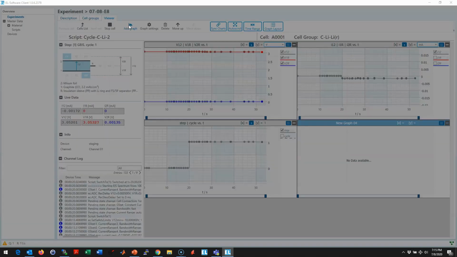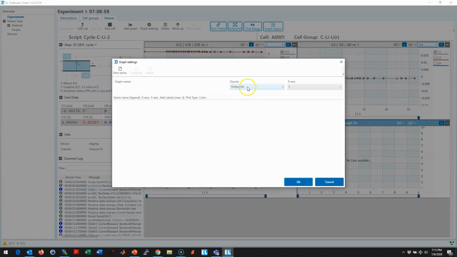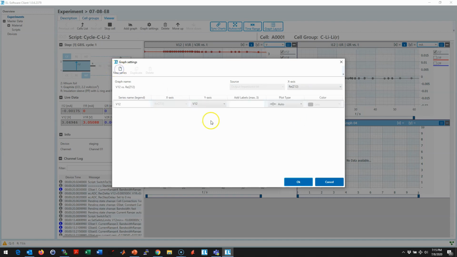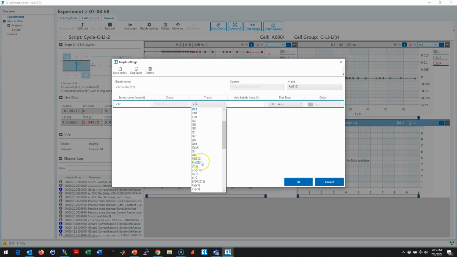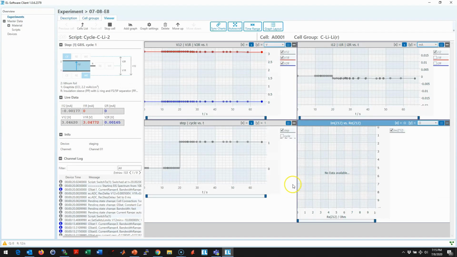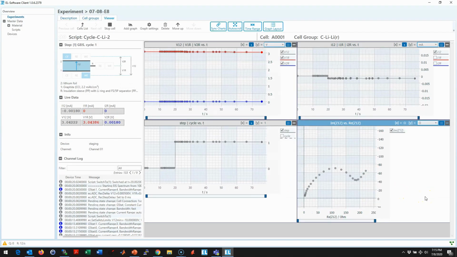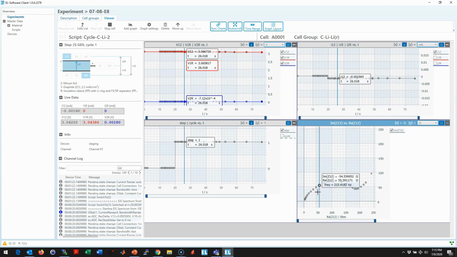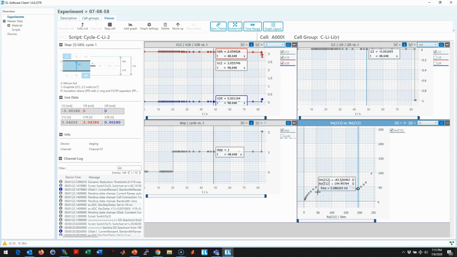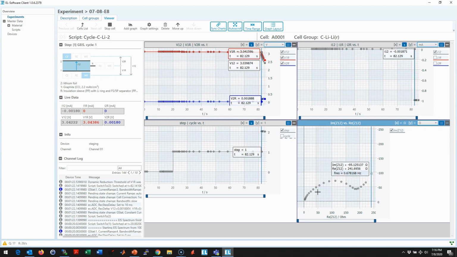I add a graph where I plot the Nyquist diagram from the output impedance table on X. We plot the real part of the full cell impedance, on Y the imaginary part of the full cell impedance, and we add the frequency as a label here. So here you see the incoming impedance data.